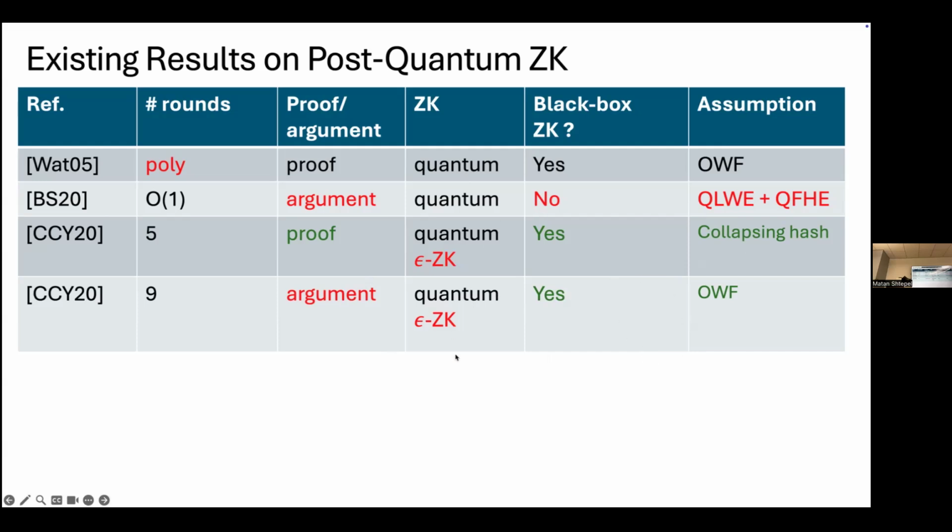But they can only prove it's epsilon-ZK secure, which means your simulation quality, instead of being negligibly away from the real world, is epsilon away from the real world. So the simulator runs in 1/epsilon. Yes, exactly. It means the better you want to simulate, the longer you have to run. So if you want negligible, you will run in super-polynomial time. So that's the caveat.